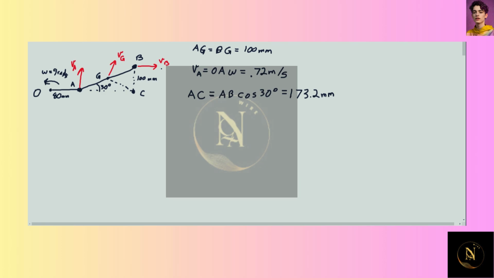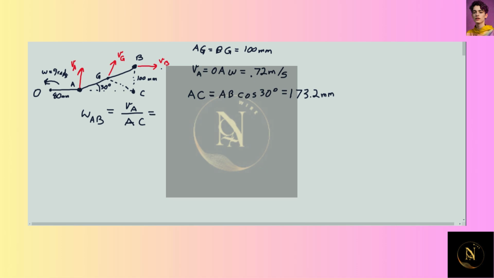So then we can calculate the angular velocity of this link AB here. So omega AB will equal the velocity of A divided by the length AC. We know what the velocity of A is, and we know the length AC.